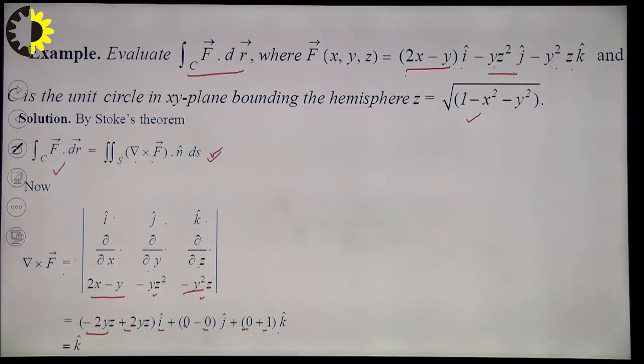These two terms cancel out and I get simply k cap. The del cross f is a simple expression which is nothing but k cap.